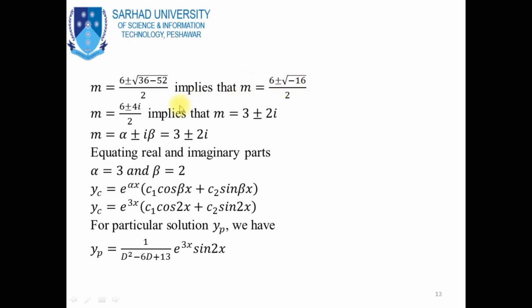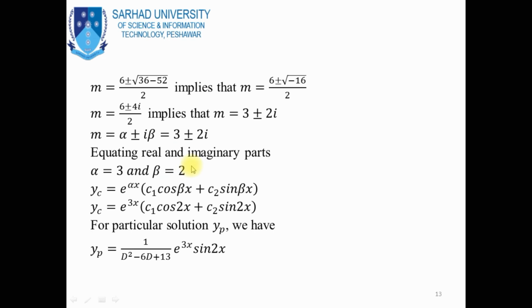Under root minus 16 means plus minus 4i, and now taking common 2 to cancel, we obtain 3 plus minus 2i. So the complex root alpha plus minus i beta is equal to 3 plus minus 2i. So the alpha value is 3 and the beta value is 2.